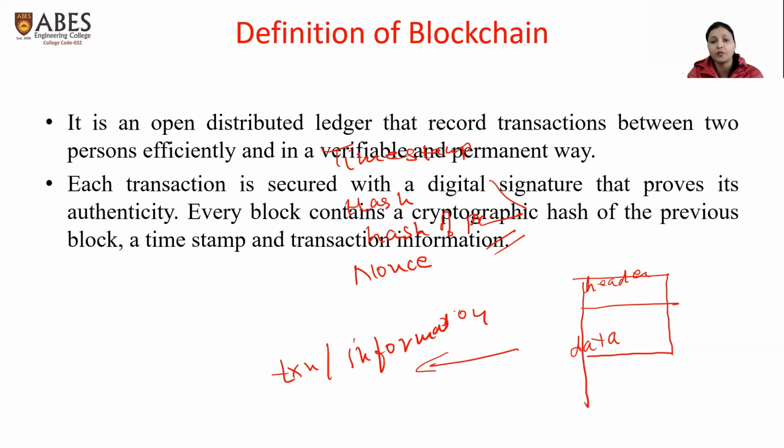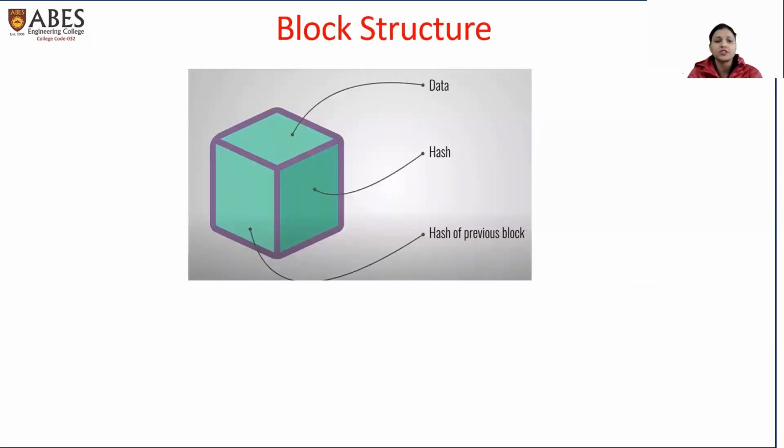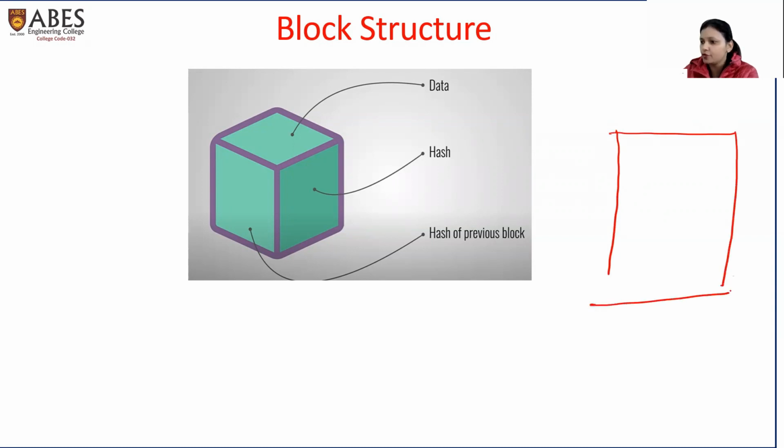Every block contains a cryptographic hash, as we already discussed, each block has its cryptographic hash and the hash of the previous block. This is the structure of a block. A block has data in it, hash in it, and hash of the previous block. If we talk in detail, a block has two parts.